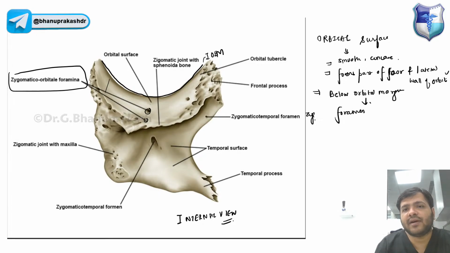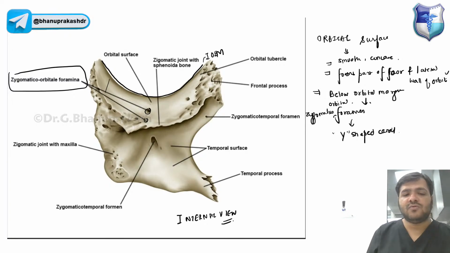That is called the zygomatico-orbital foramen. Basically it is a Y-shaped canal. It will be leading into a Y-shaped canal, right?